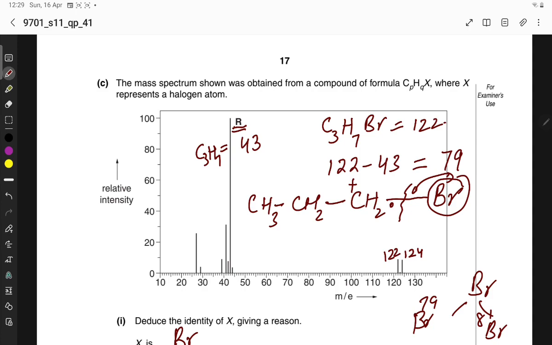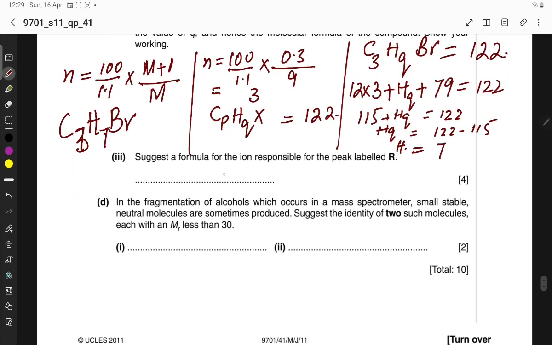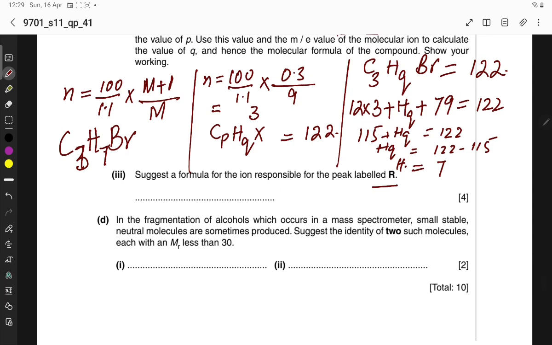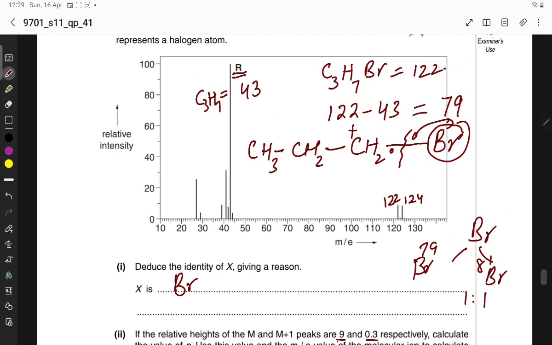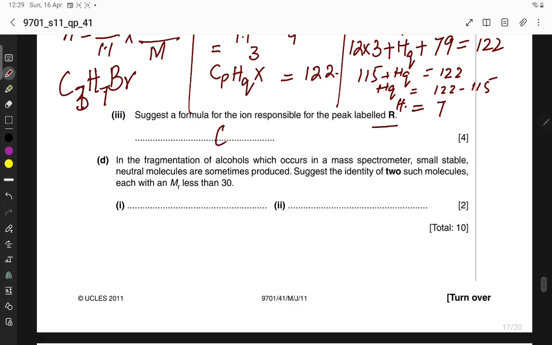The bromine atom is lost. So the ion responsible for peak R is C3H7 positive, with the bromine as the free radical. 12 into 3 plus 7 is equal to 43. So the ion is propyl.